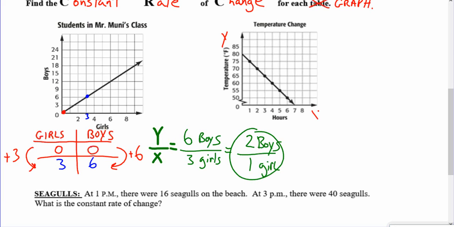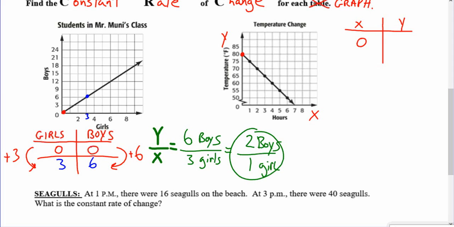Okay, let's look at the next one. Temperature. We have our y and our x. We'll make a little table here. Okay, so the x's, that's the hours, and y, that's the temperature. Look at the first point there, the very top.